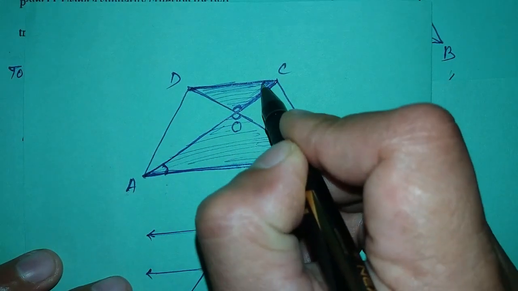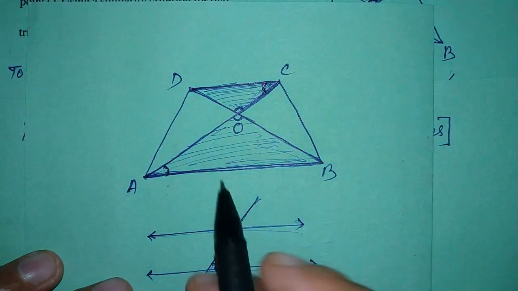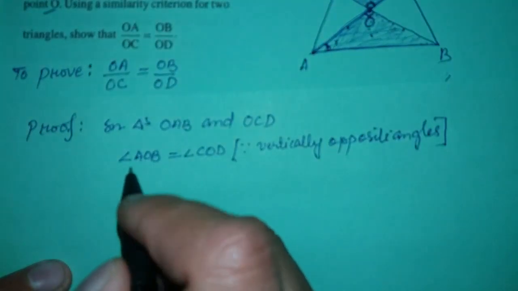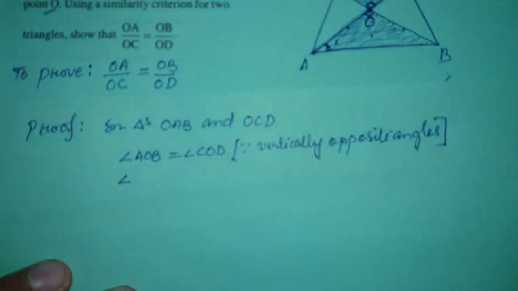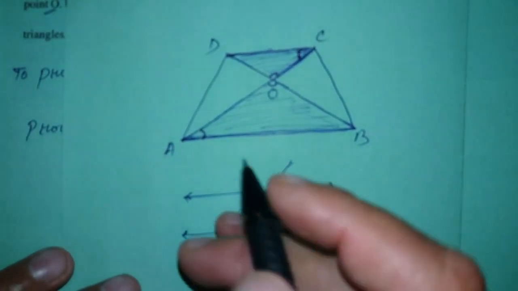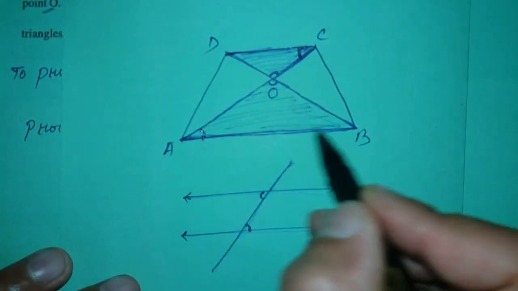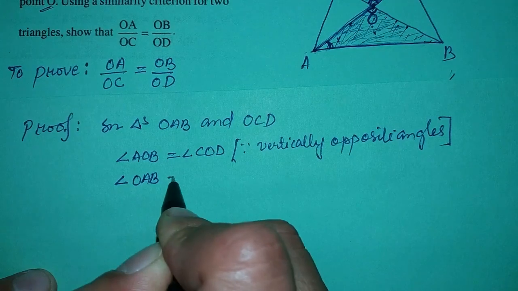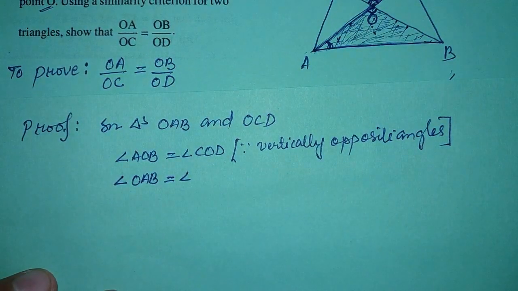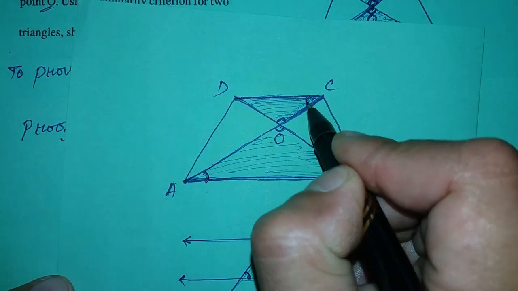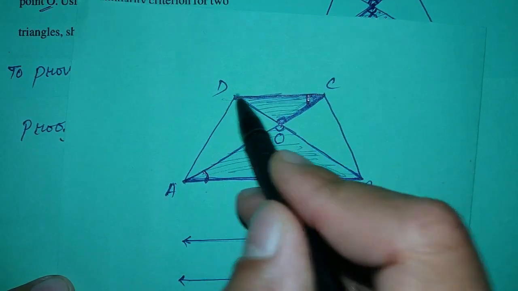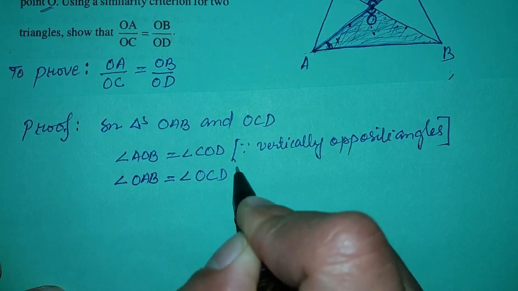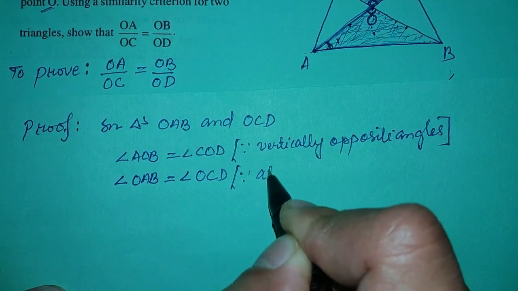So this angle and this angle are alternate angles, and these two alternate angles are equal. So angle OAB is equal to angle OCD, since these two are alternate angles.